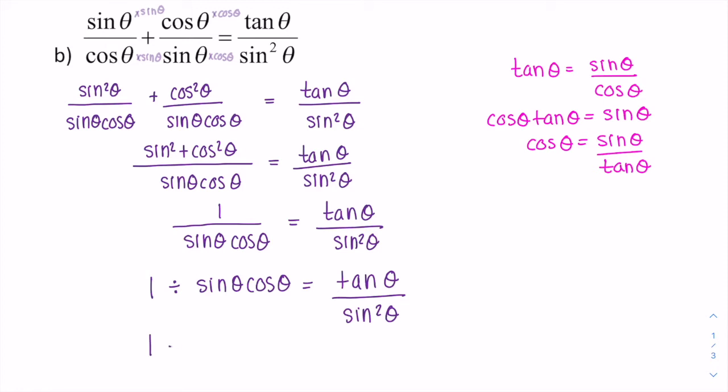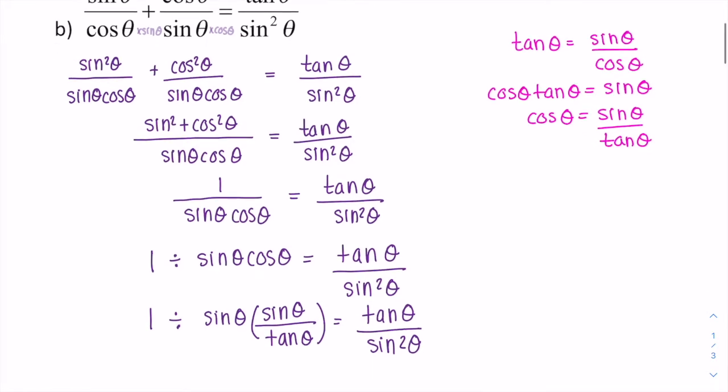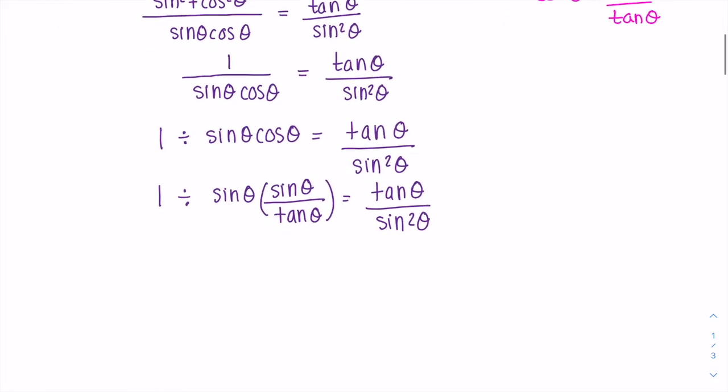So I'm going to have 1 divided by sine theta times sine theta all over tan theta. And we're still trying to make that equal to tan theta over sine squared theta. So now I'm just going to multiply sine squared theta over tan theta. And we're getting really close.